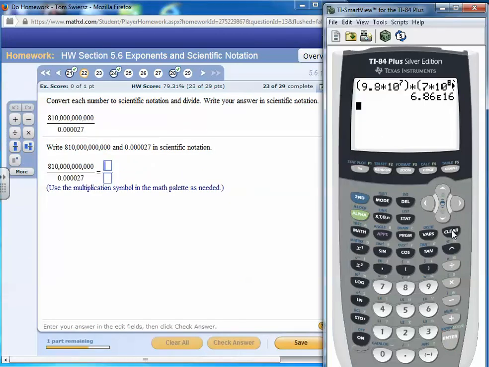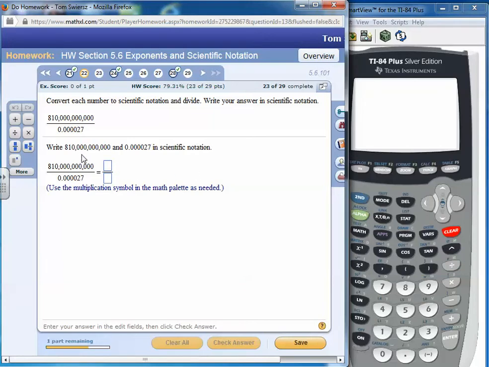Problem number 22. Okay, write 810 billion and 0.000027 in scientific notation. Now 810 billion is over 3, 6, 9, 10, 11, right?